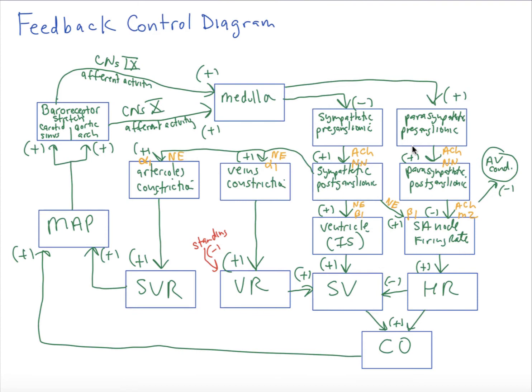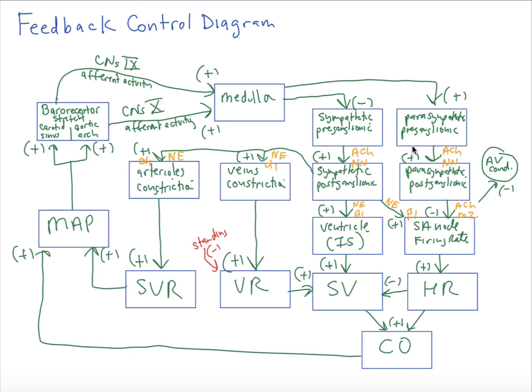If I look at the ventricle inotropic state, I have the sympathetic nervous system having a norepinephrine release on beta 1, increased inotropic state, and if the sympathetic system goes down, the inotropic state goes down. And there is no parasympathetic effect on the ventricle, so we're leaving that off. If I look at the effects on stroke volume, the inotropic state does have a positive influence on stroke volume.